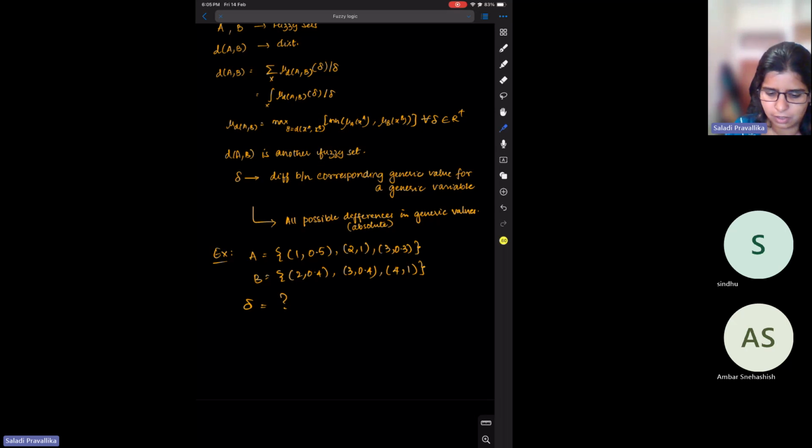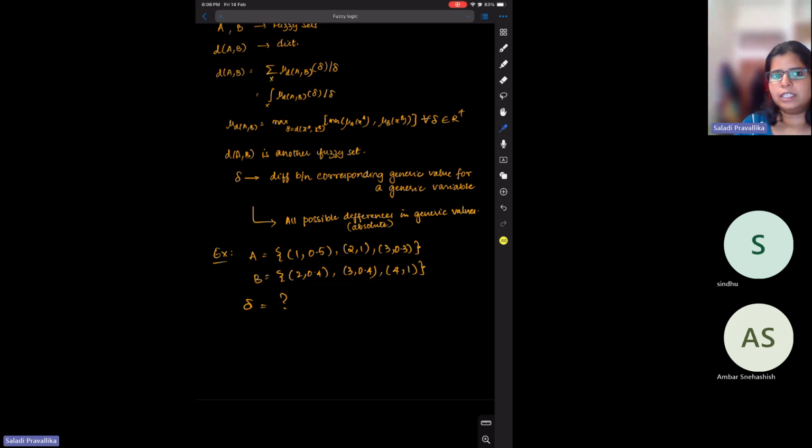Then you will get some value, and similarly you will do it for different values. We'll do it with an example, as there is no easy way to put all of this in words. We will see how to calculate this a little later. As I said, the distance of A, B is going to be another fuzzy set.